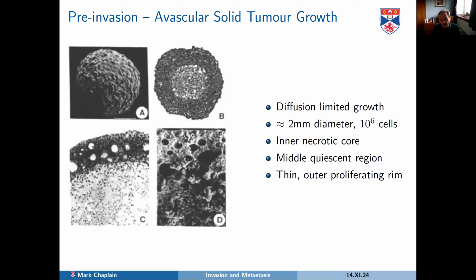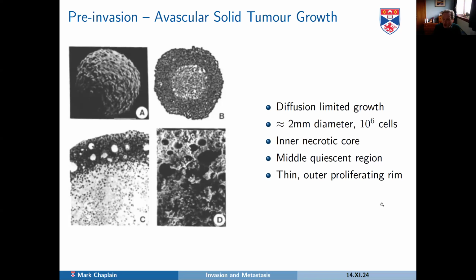And so in this cross-section, the inner light region has been stained, and that's necrosis. And then this other outer shell is composed of proliferating cells and quiescent cells. And this is a zoom into a slightly larger spheroid. And here you can see this is at steady state. There's a very thin proliferating rim, as it's called, of maybe half a dozen cells deep, and then the rest is composed of quiescent and necrotic regions.